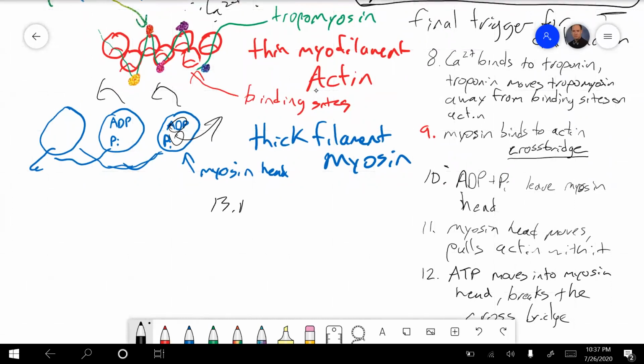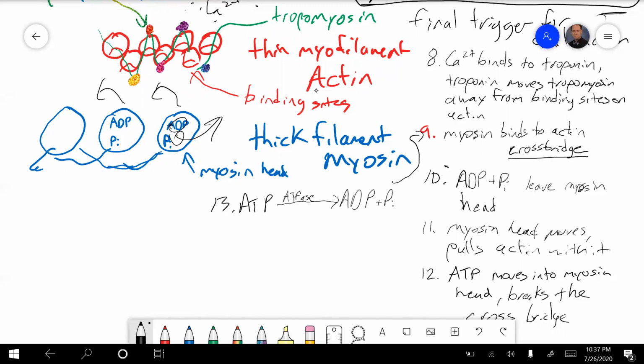Then that ATP is broken down by an enzyme called an ATPase into an ADP and that inorganic phosphate, and the cycle starts over.